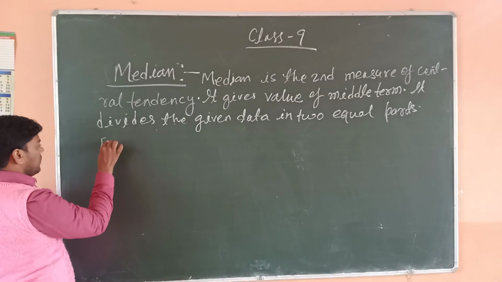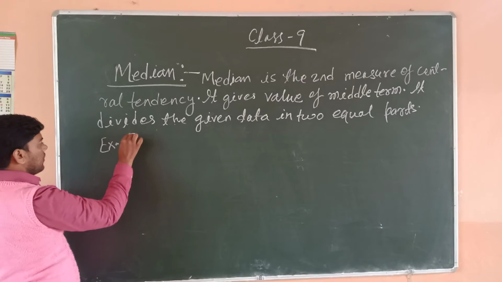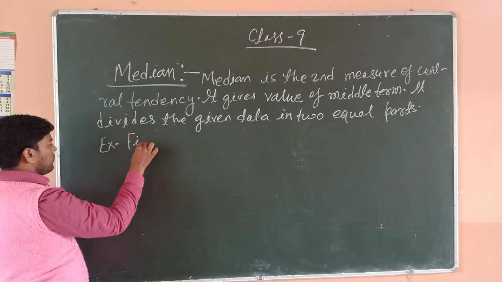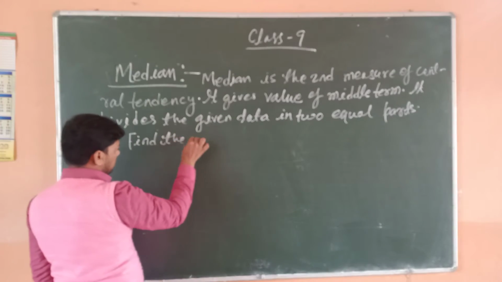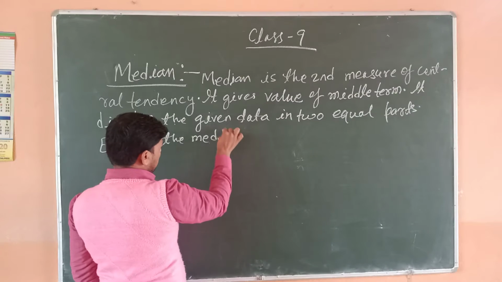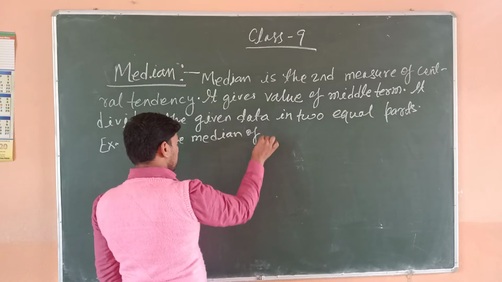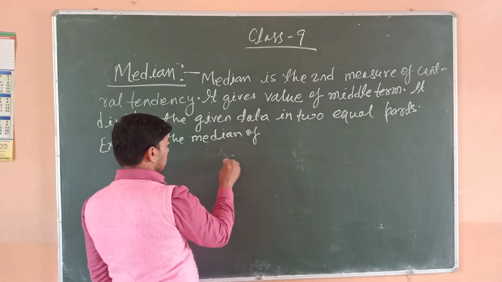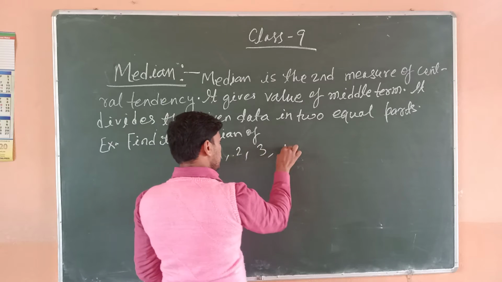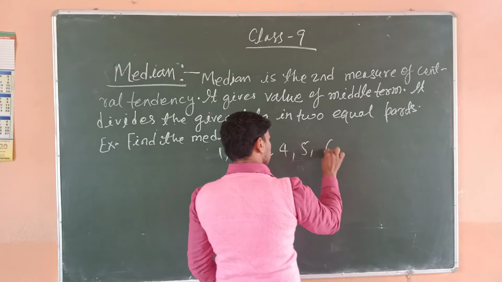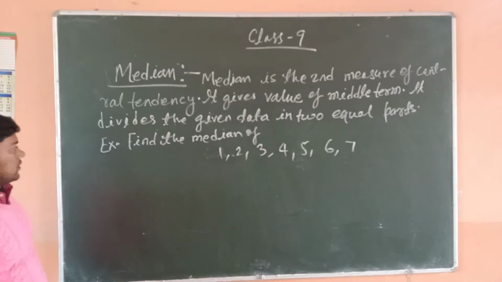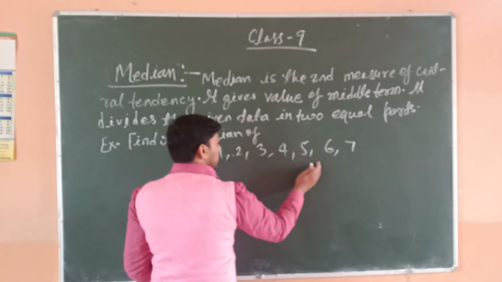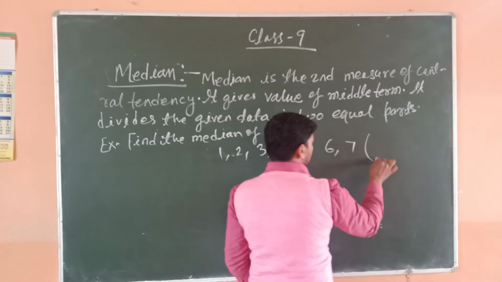As for example, find the median of 1, 2, 3, 4, 5, 6, 7. This is given data. It is ungrouped data.